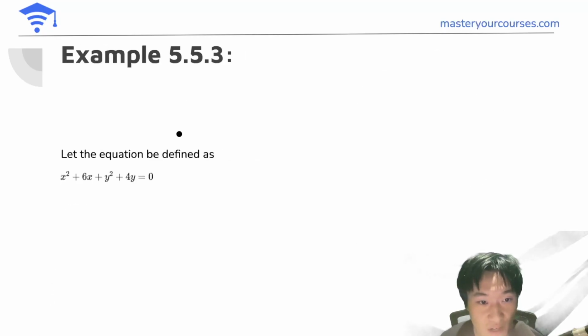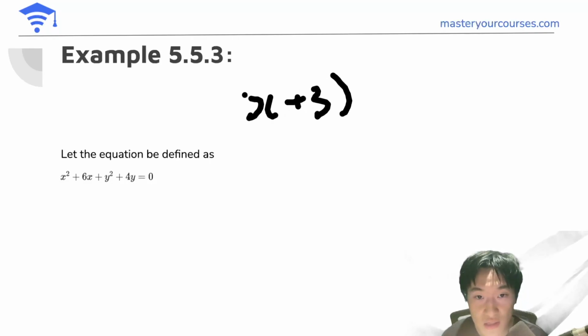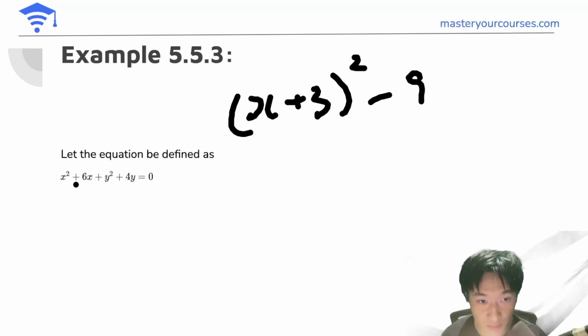Now, let the equation be defined as something like x squared plus 6x plus y squared plus 4y. This doesn't really tell us anything and doesn't look like we can solve it. But this actually is a very interesting identity. If you remember complete the square, all we do here is exactly that. If you complete the square, we have (x plus 3) squared minus 9 to complete the square for the x squared plus 6x.